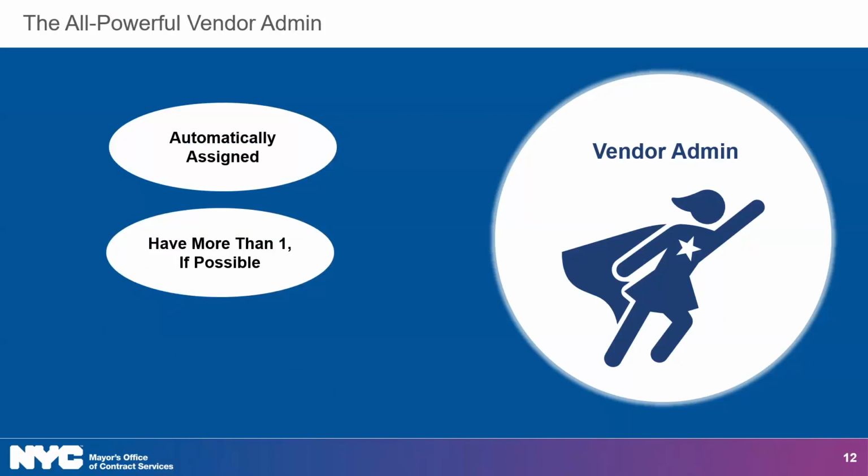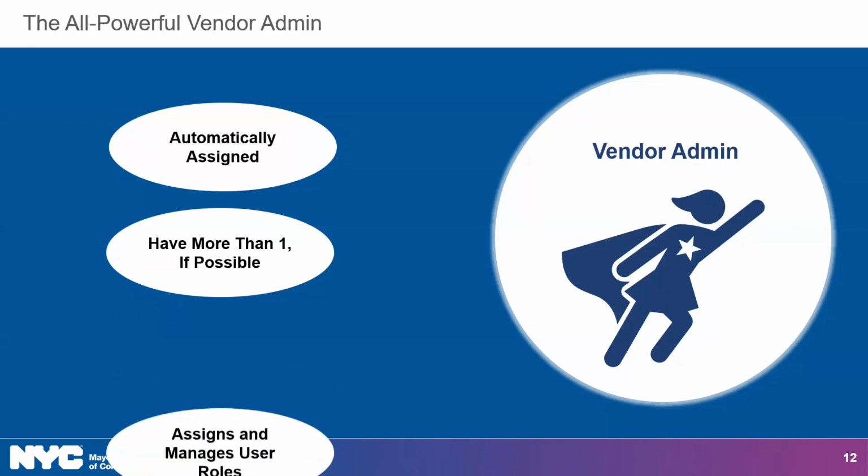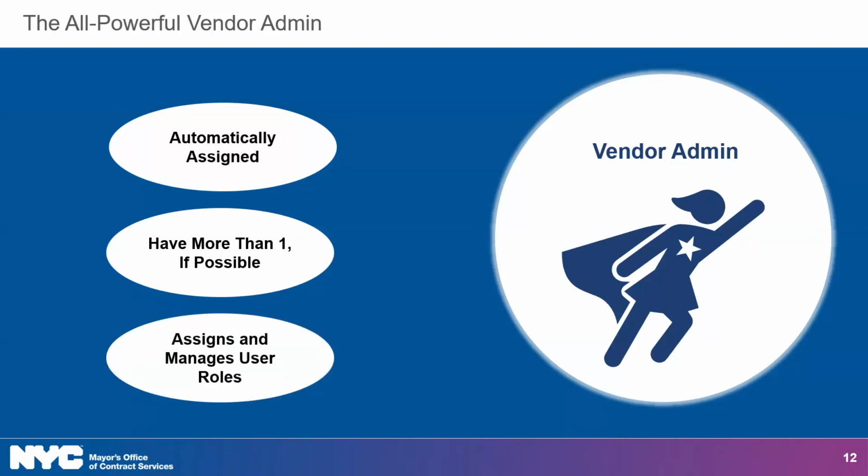To prevent account access issues, the original vendor admin should assign at least one other contact to the vendor admin role. Vendor admins are the only users who can add and remove contacts, as well as assign user roles to each contact. Roles can be stacked though, and each contact can have multiple roles.